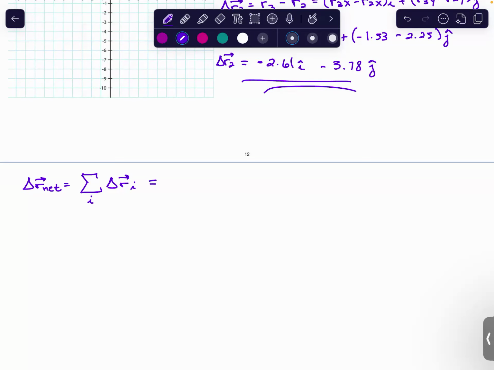So for us, it's delta R1 plus delta R2. So just like any other vector addition, we're adding together the x's and adding together the y's.